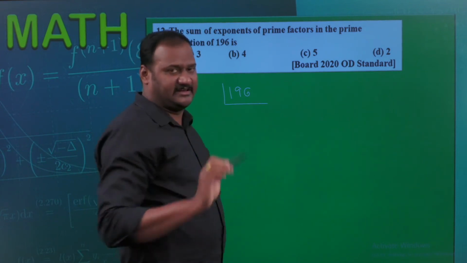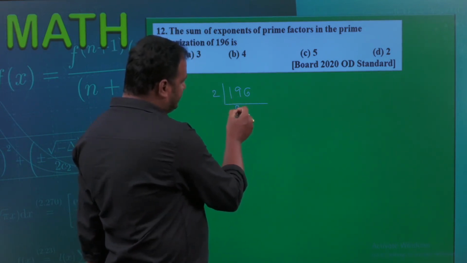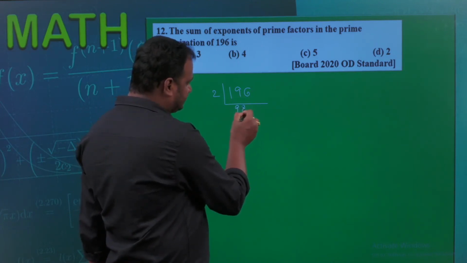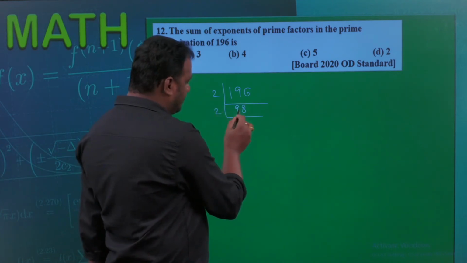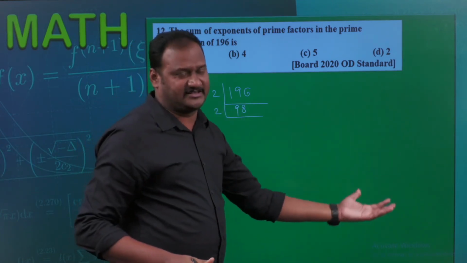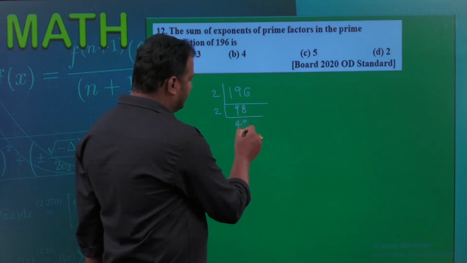I'll go with the L method. 2 ones, 2 nines are 18, 2 eights are 16. Again I go with 2 because this is prime factorization. Otherwise you can go with factor 3 also. We already did one problem. 2 fours are 8, 2 nines are 18.